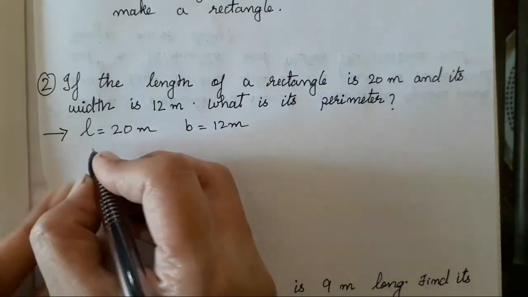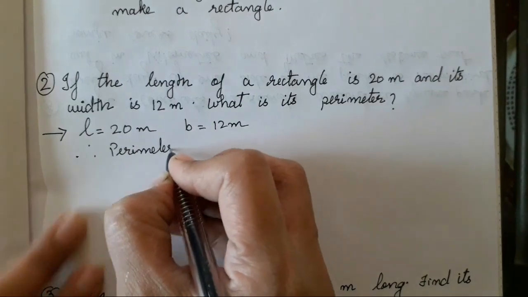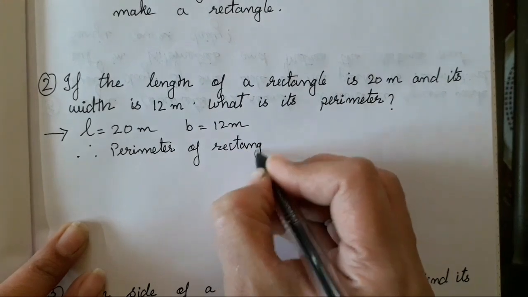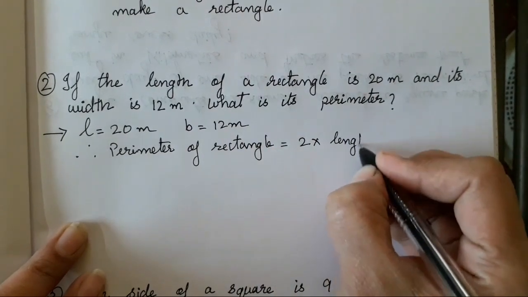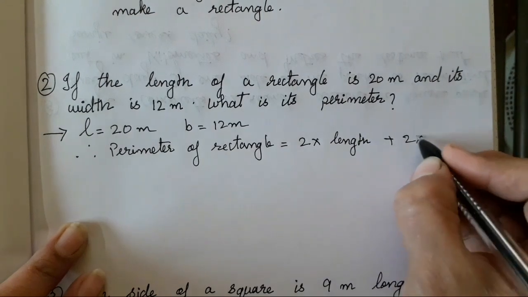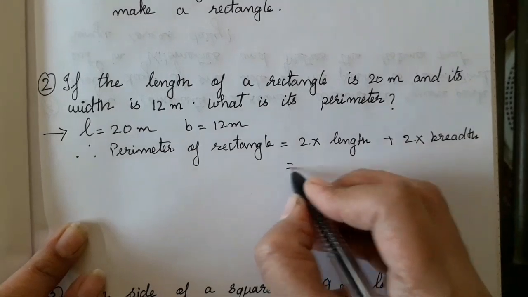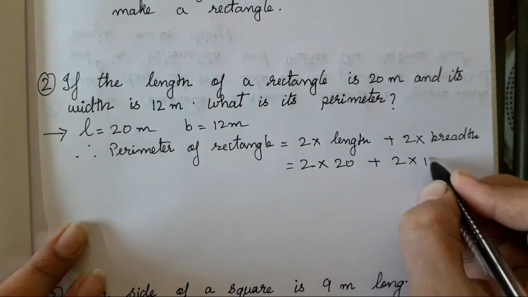Okay, so therefore perimeter of rectangle. Every time you have to write the formula, children, it is important. You are going to get half mark for the formula: 2 into length plus 2 into breadth. So 2 into length was 20, plus 2 into 12.